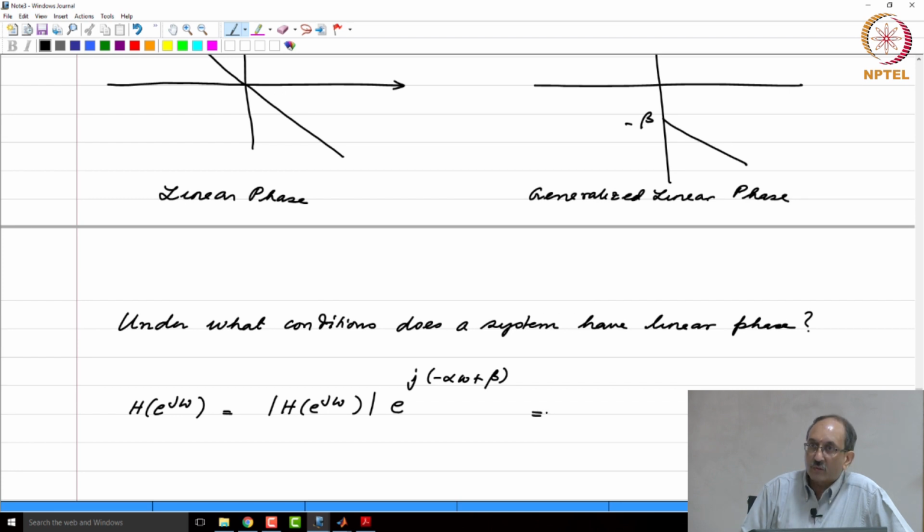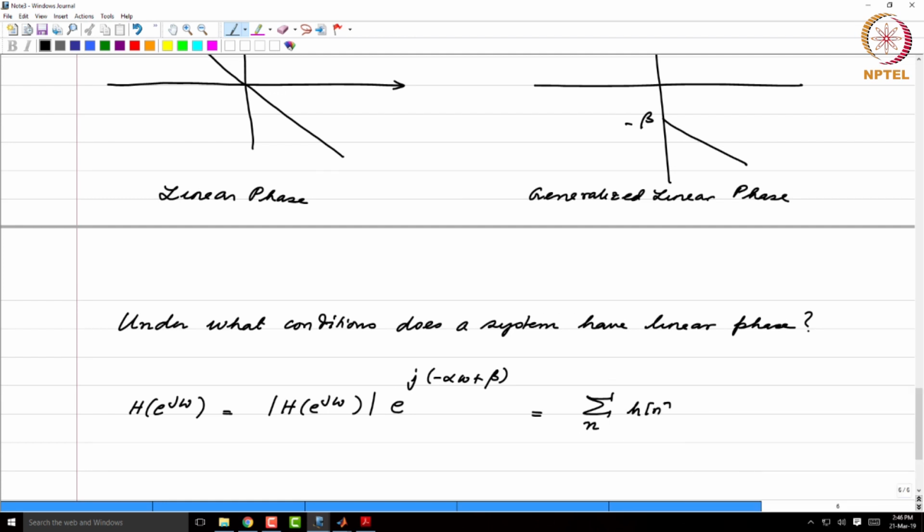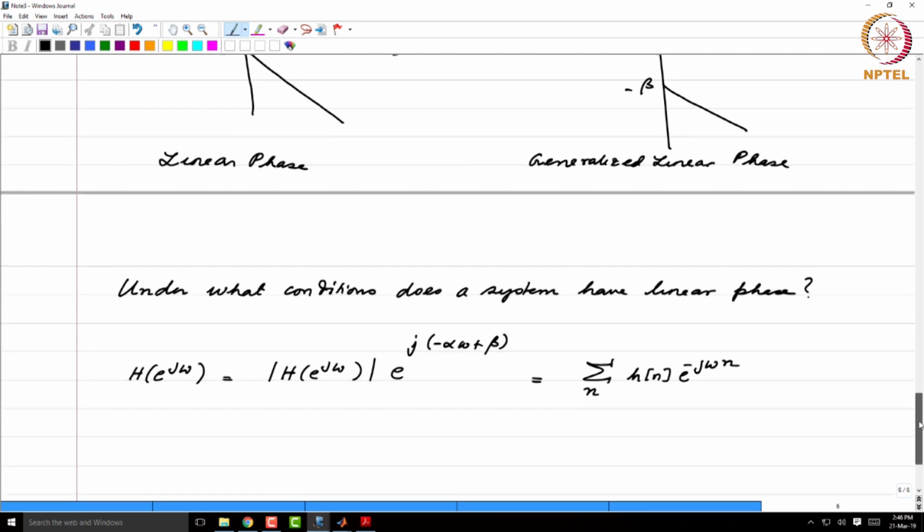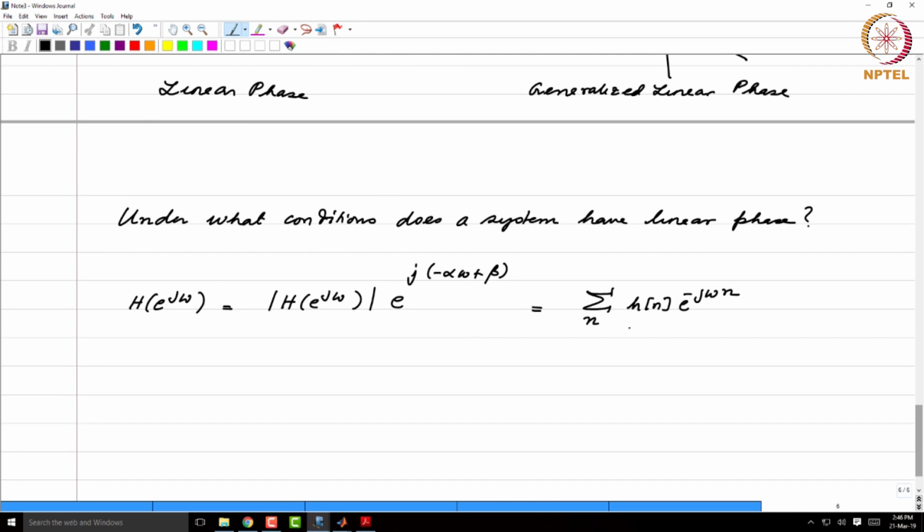And we also know that the frequency response is given by sum over all n h of n e to the minus j omega n. For now, I have written the summation as sum over all n rather than writing it in the usual fashion n going from minus infinity to plus infinity. The implication of this we will see as we go along.